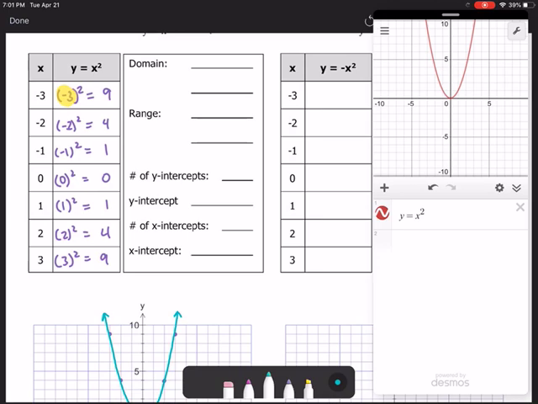So, we are going to take a look at the domain. We're going to take a look at the range, the y-intercepts, the x-intercepts, all that jazz. And now that we have the graph, we can actually visualize that. In our domain, because we have arrows on either side of the graph, it continues on either direction. Even though the arrow looks like it's going straight up, it's going straight up and to the left.